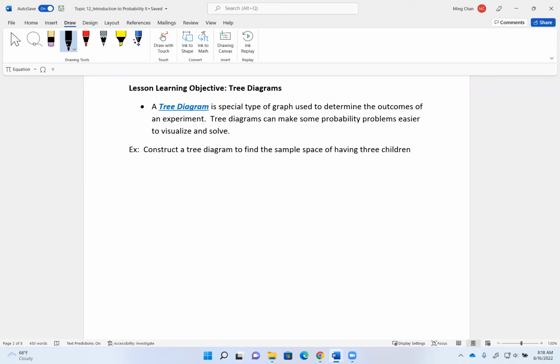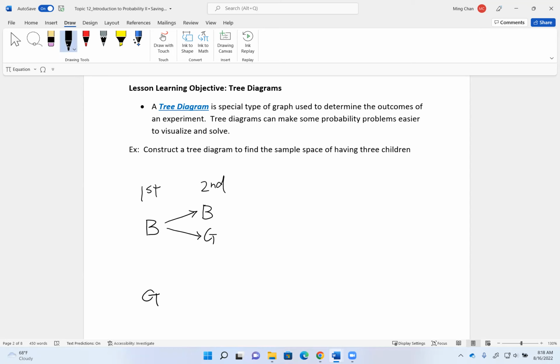The way it goes is like this. First thing first, 3 children. This is the first child, which can either be a boy or a girl. The second child can be a boy or a girl.